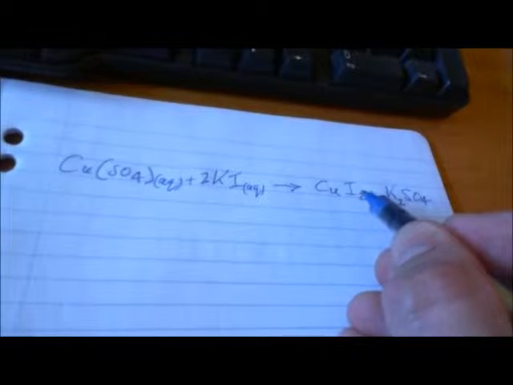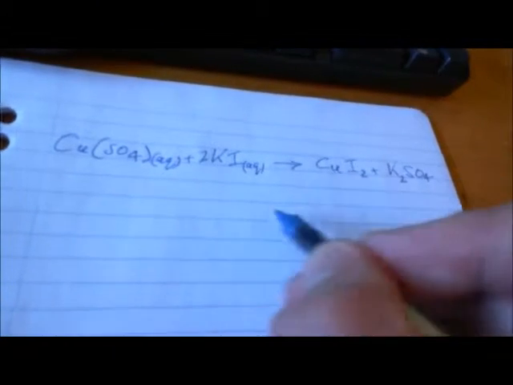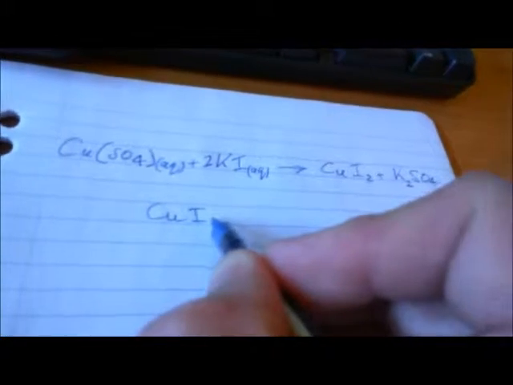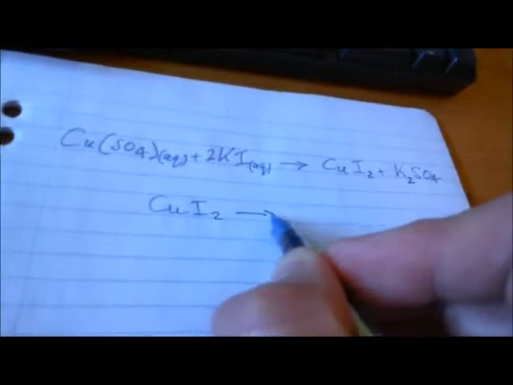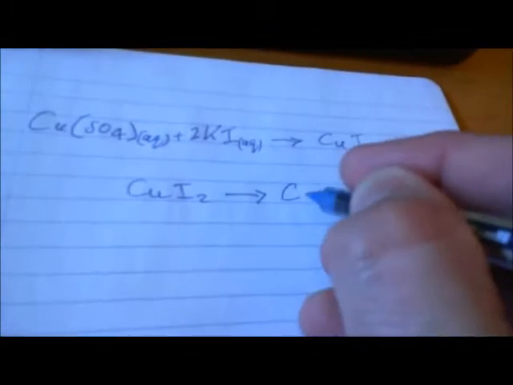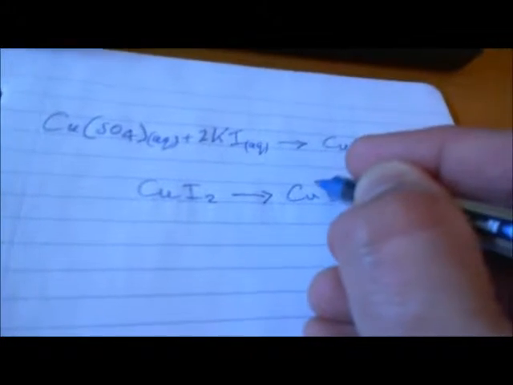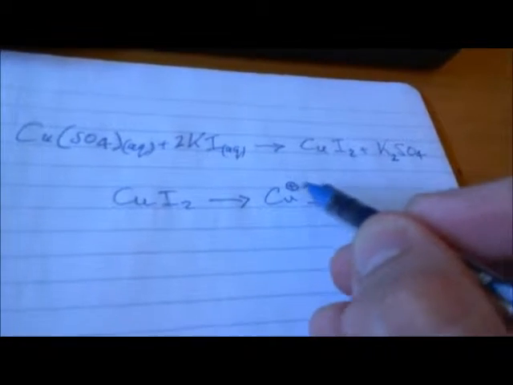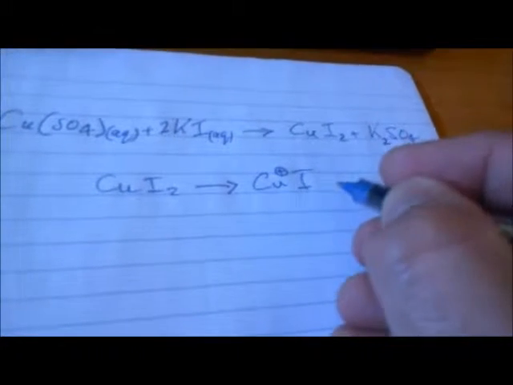Copper 2 iodide, in that form, breaks down according to the following formula. It decomposes into copper iodide, that's copper 1 iodide, we don't normally put those in, and iodine.